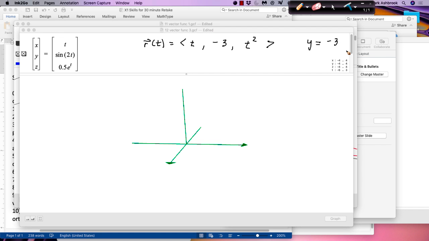Right, a plane, exactly. So y equals -3 is here. So this curve is going to lie entirely on that plane, which is parallel to the xz plane. So that's the plane y equals -3, going through this point. So the curve will lie entirely on that.